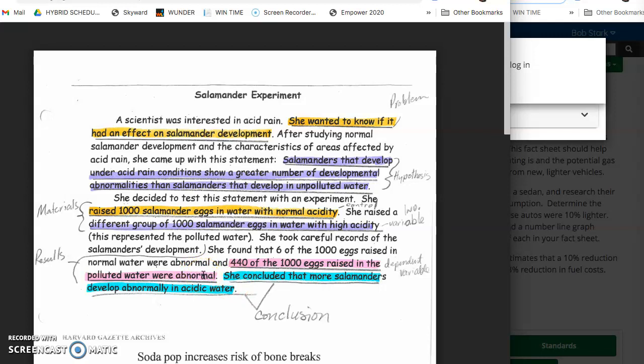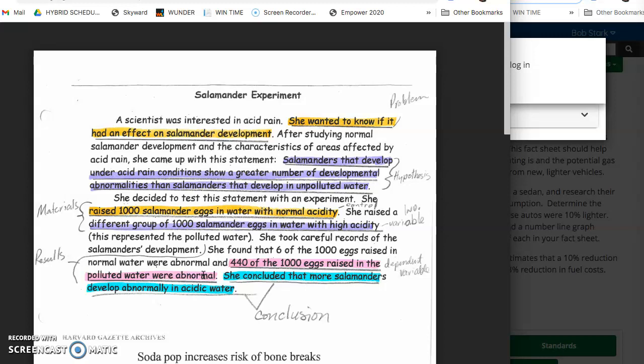That's our data. Our conclusion was that the acid pollution has a greater effect on the development of the salamanders.